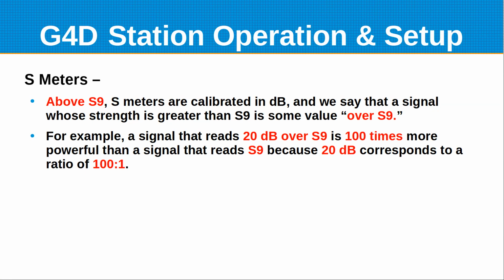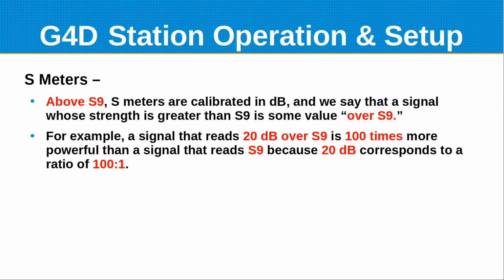Above S9, the S meter is calibrated in dB, and if it's more than S9, we just say over S9, or you can say 20 dB over S9, which would be 100 times more powerful.